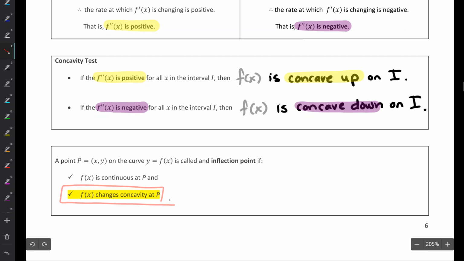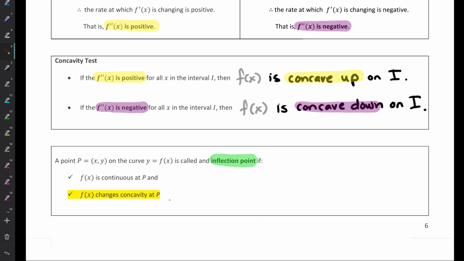A little bit of vocabulary of what an inflection point is. An inflection point is an ordered pair x comma y on the curve f, and it's where that function is changing concavity, right? So if the function is continuous at that point and we are changing concavity at that point, we call that point an inflection point.